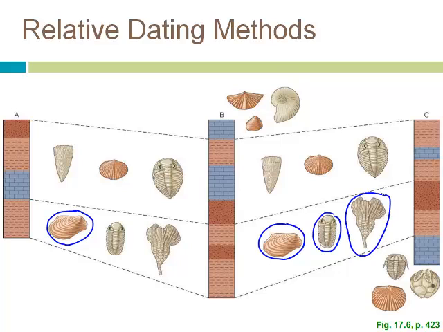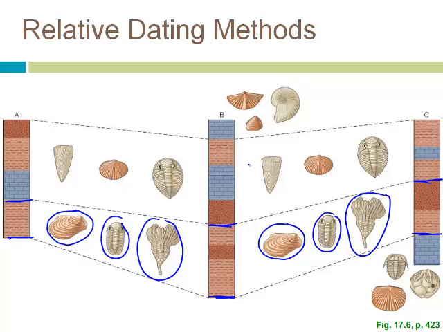It's probably a coral of some sort. And they're over here as well, and what you'll note is we only find them in this layer right here, and these layers here. There's some sandstone and some shale, and it looks like we only find them in the shale over on this side, but we find the same fossils, and so we can correlate all of these layers based upon the types of fossils that we find in them.